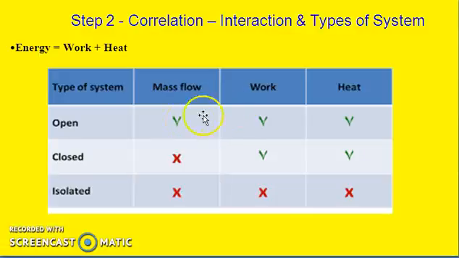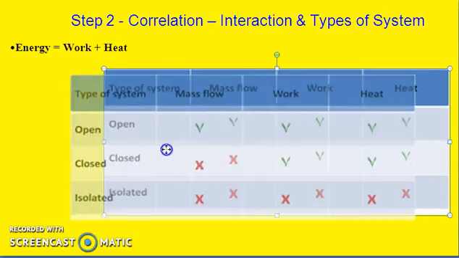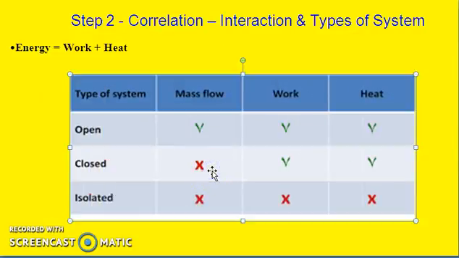That's true here as well. Only the thing is, work and heat have been identified as the two essential energy interactions of an open system. Similarly, in a closed system, there is no mass interaction, only energy interaction, in the form of either work or heat. In an isolated system, neither mass nor energy interacts with the system.